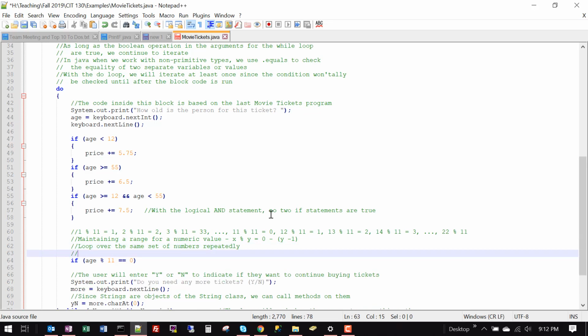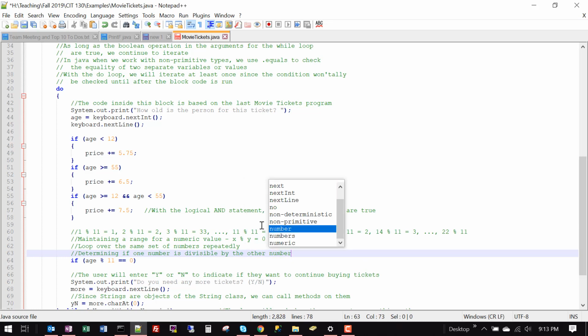But in this case, what we're doing is we're determining if one number is divisible by the other number. Very valuable thing to be able to determine.